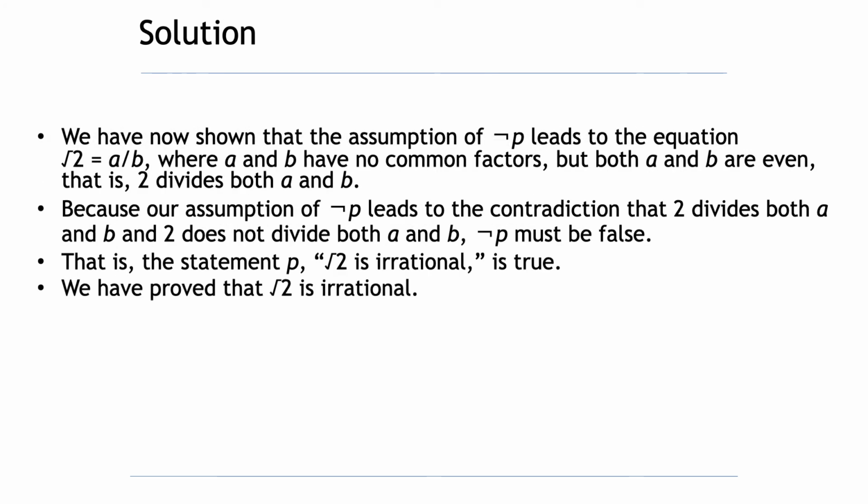So, what we have now shown is that the assumption of not P leads to the equation square root of 2 equal to a divided by b, where a and b have no common factors, but both a and b are even. That is, 2 divides both a and b.